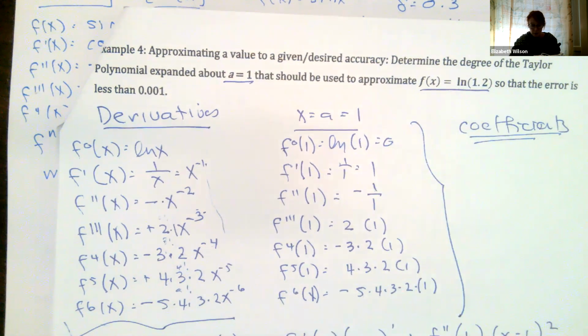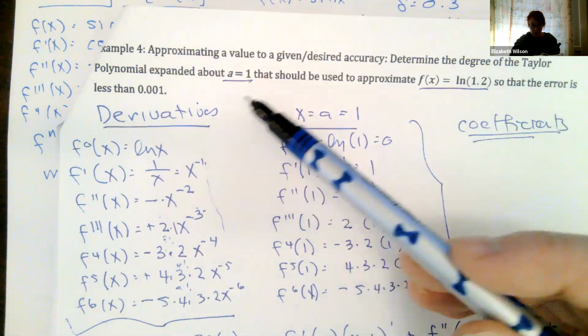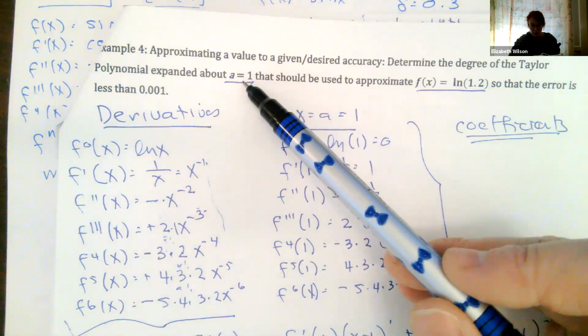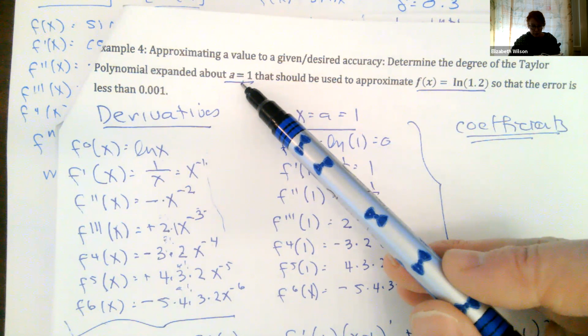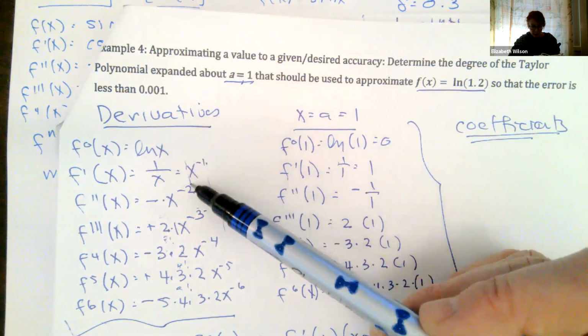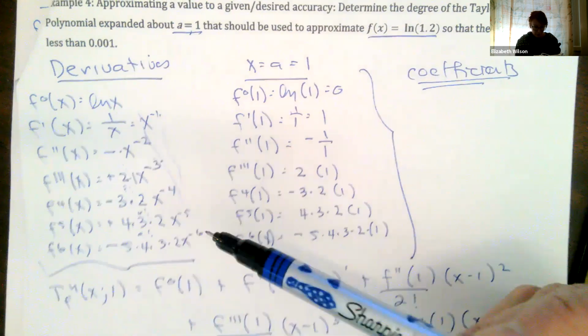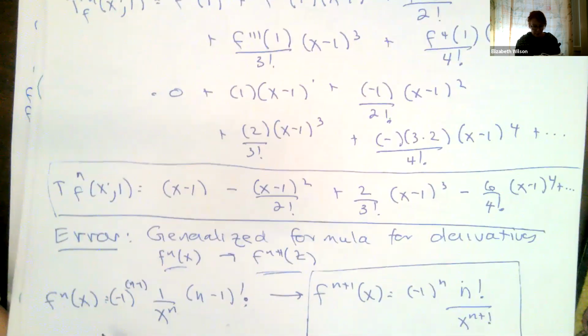So this is our ln of x, and we're centering this at a equals 1. I'm deriving my ln of x function, so I'm coming up with my f of n plus 1 derivative.